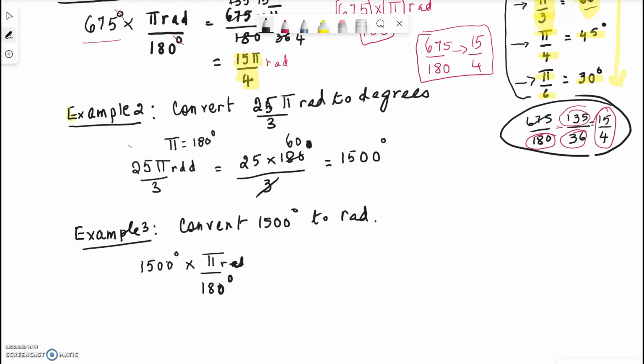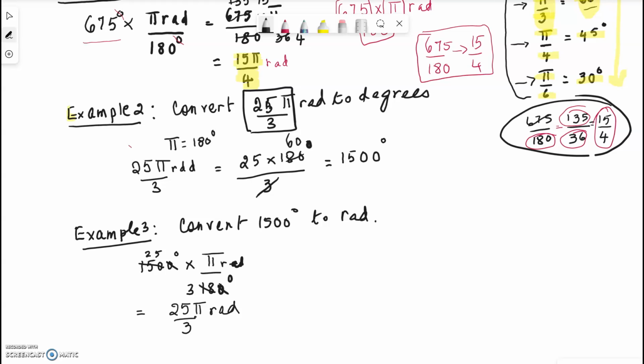So I cancel the zeros. 6 times 3 is 18. 6 times 2 is 12, leaving a remainder of 3. 6 times 5 is 30. So when I simplify the fraction, I get 25 pi over 3 radians, and that's exactly what we needed to get.